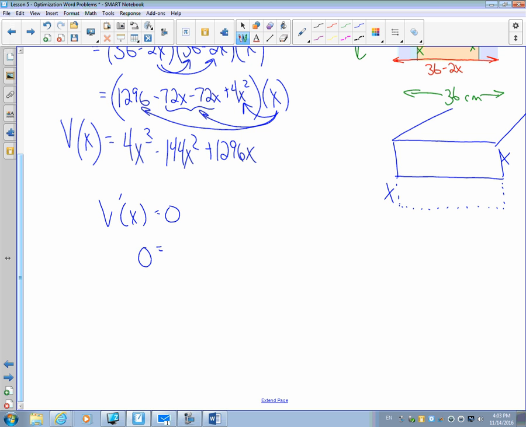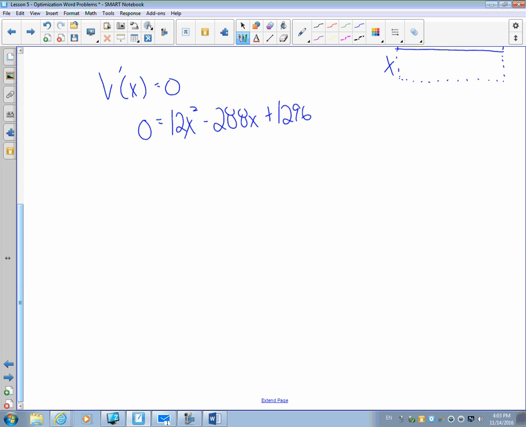So 0 equals, using our power rule, 12x squared minus 288x plus 1296. I need to solve this. Now you can solve it using your graphing calculator, or you can factor it, or you can use the quadratic formula. Your choice, I'm not really picky. I just need to show the factoring way.